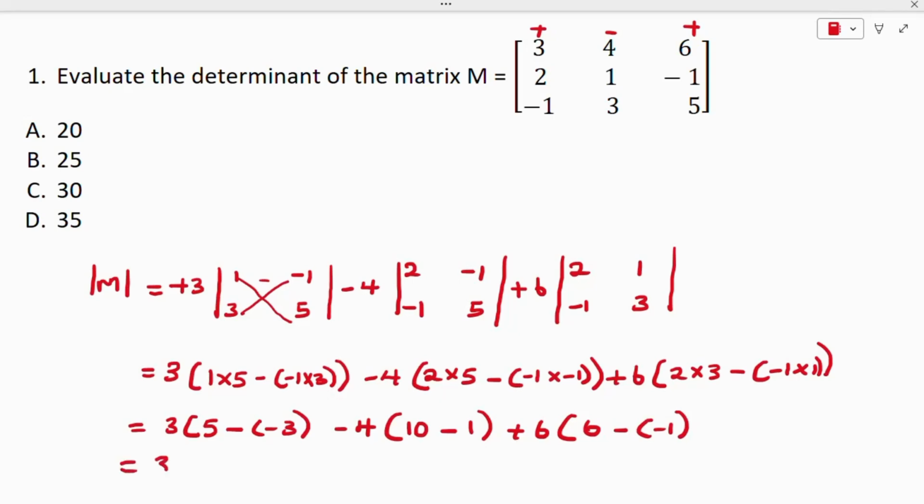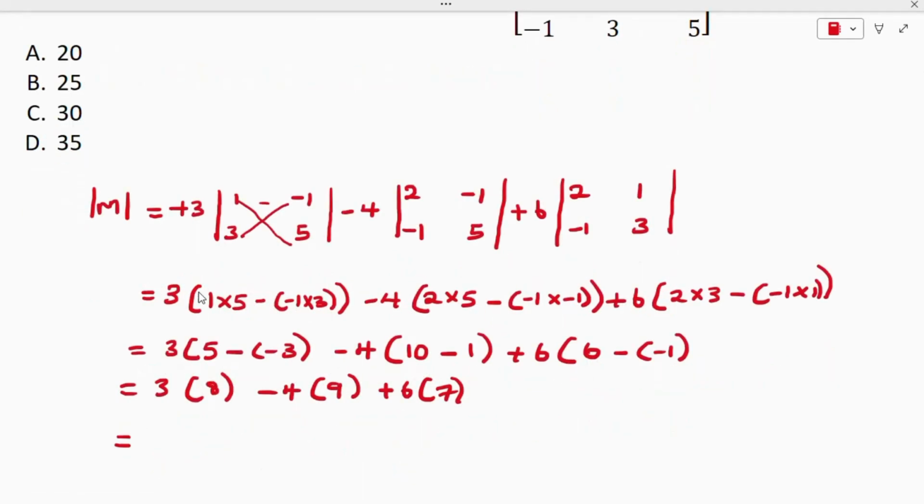So this is equals to 3 into 5 minus 3 is going to give us 8, minus 4 into 10 minus 1 is 9, plus 6 into 6 minus 1 is going to give us what? 7. So we have this to be equal to 3 times 8 is going to give us 24, minus 4 times 9 is going to give us 36, plus 6 times 7 is 42, and this is equal to 30. So this is the answer and this becomes C.